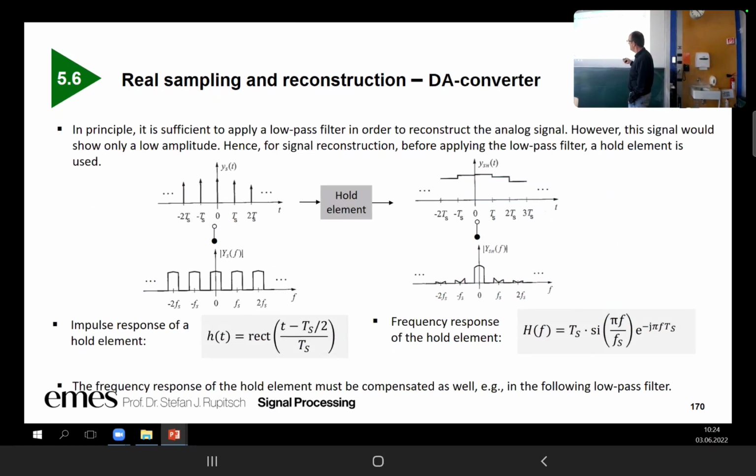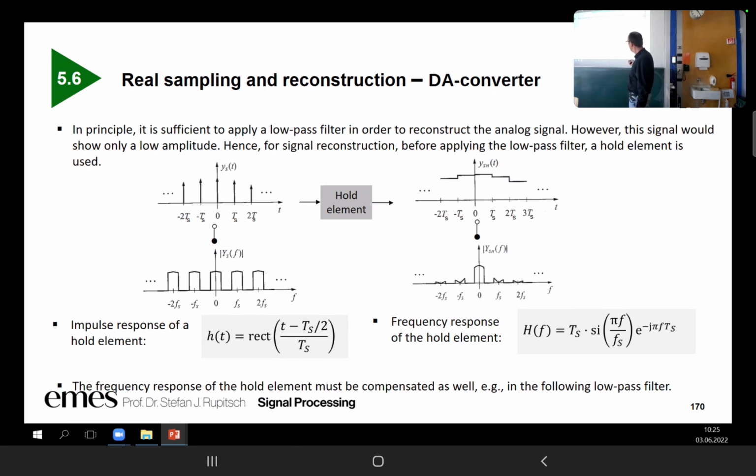If we take a look at the sampling procedure once again, we have the sampling, and then we have our hold element, and due to this hold element, the Dirac pulses get reduced to this staircase function. If we want to reconstruct our signal perfectly, and we have these Dirac pulses, then it's sufficient to use a simple low-pass filter to cut out the baseband signal.